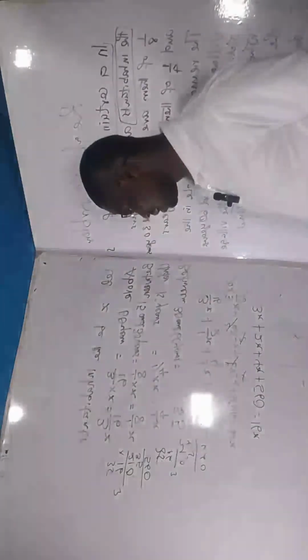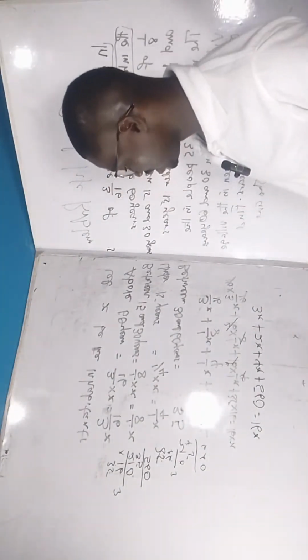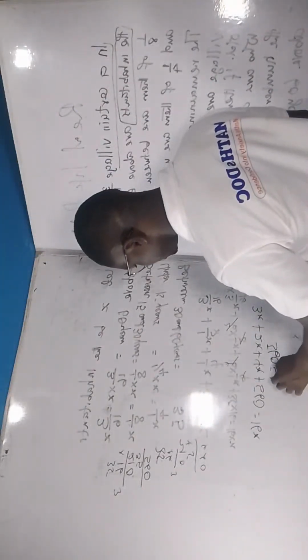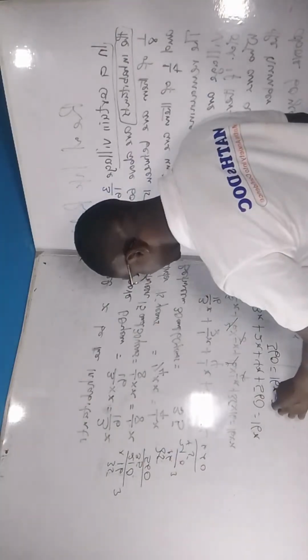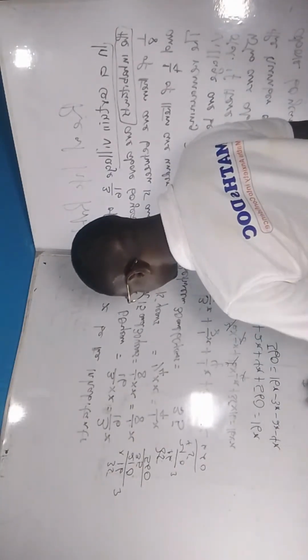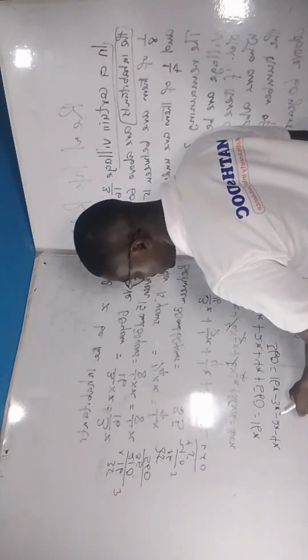So let's group the like terms. Let's move the x terms to the other side. So 560 is equal to 16x minus 3x minus 2x minus 4x. So you have all this to be 9.